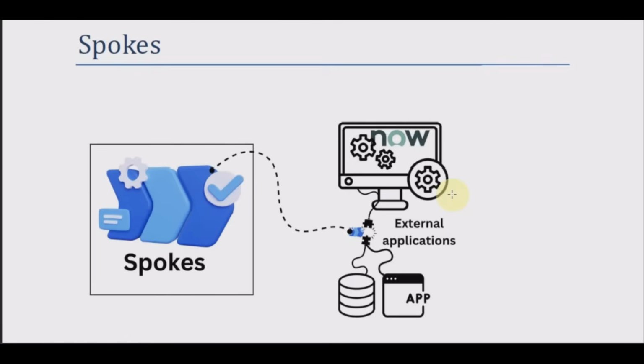All the spoke contains predefined API calls, so you do not need to manually write the API requests, which is what makes using Integration Hub or spokes cost-effective integration for the client.